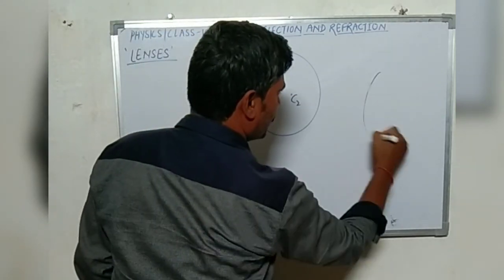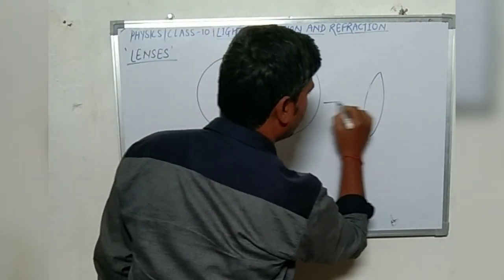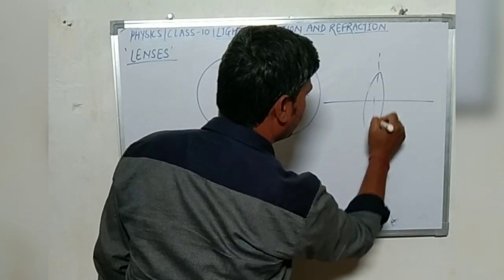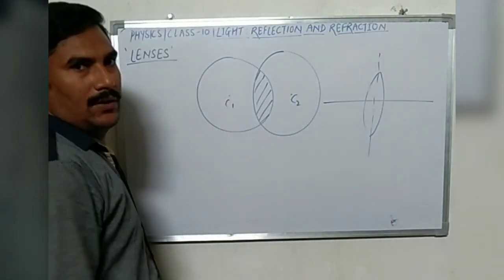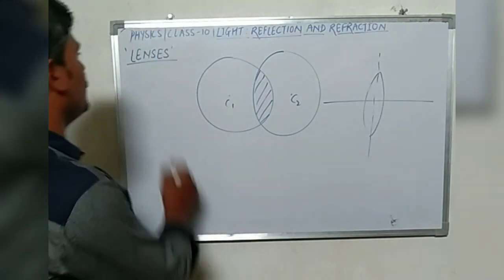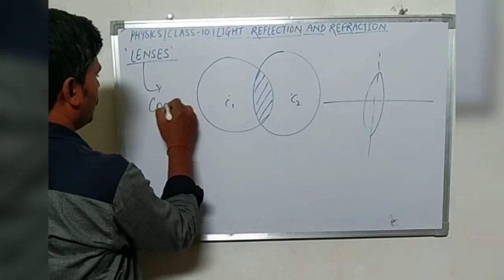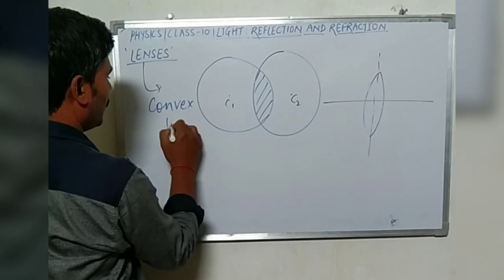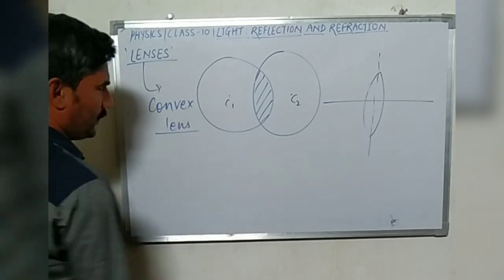So a convex lens is like this. Two surfaces are involved in this type of lens, and this is called a convex lens.